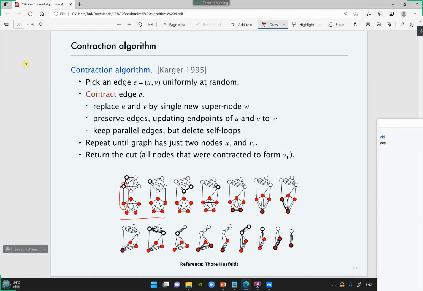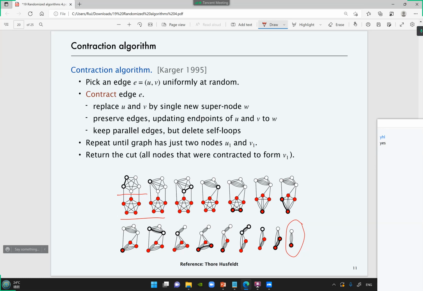So you notice that in this correct example over here, we never contracted any of these min-cut edges. We only contracted these other edges which were not part of the min-cut. And so therefore, after all of the contractions, you still have your min-cut edges in the graph. And that's why in the final step, all the remaining edges are exactly equal to the min-cut.